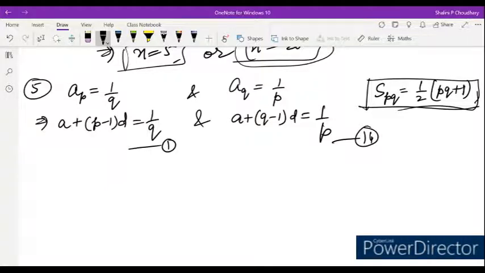Okay, now we can subtract equation 1 minus equation 2.